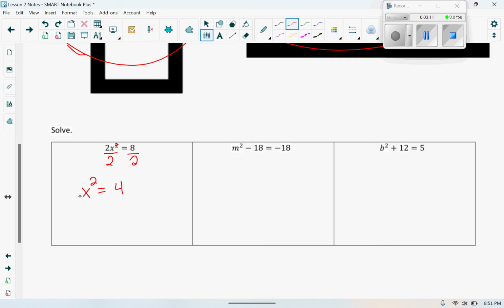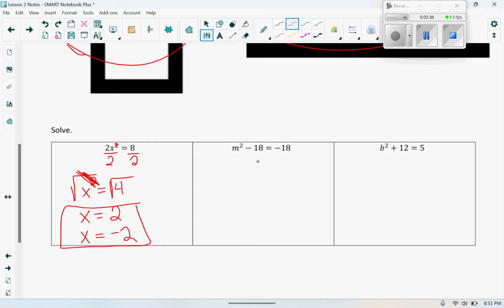Now I'm going to undo the squared by taking the square root of both sides. When I take the square root of both sides, that cancels out, like we talked about yesterday. That just becomes an x. And then over here, the square root of 4 is 2, but I also need to include the negative 2. So I have two answers there.